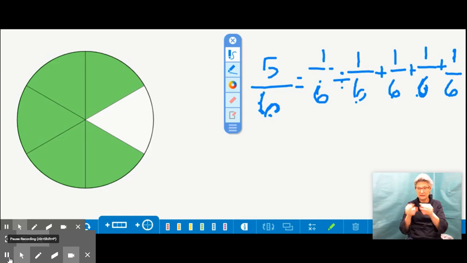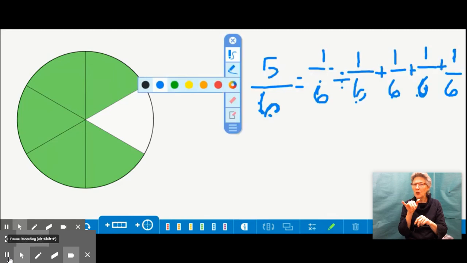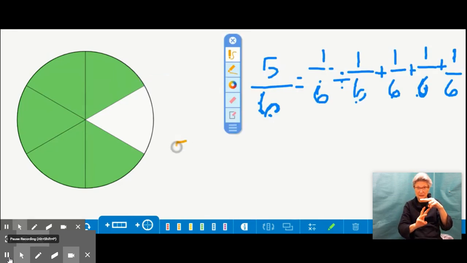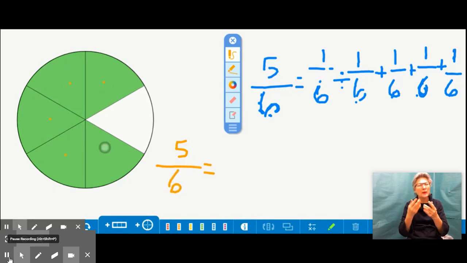What we also did was we wrote 5/6 as a product. So product tells me I am using the operation of multiplication, a product of a whole number and a unit fraction. So that whole number would be how many pieces we were multiplying it by.